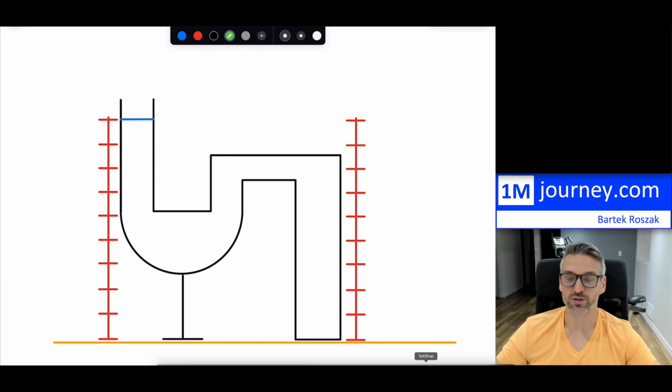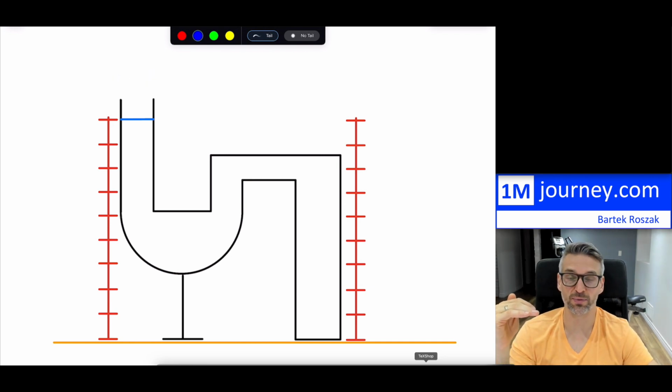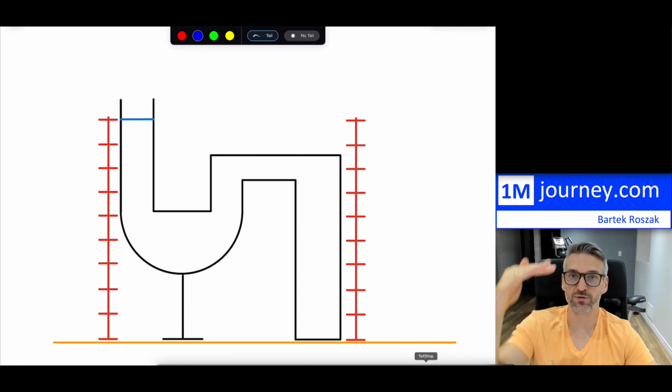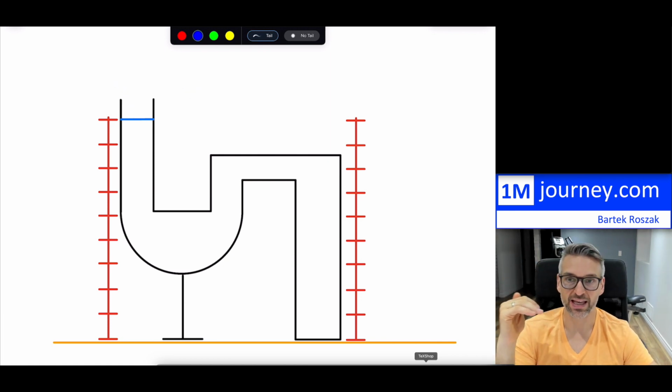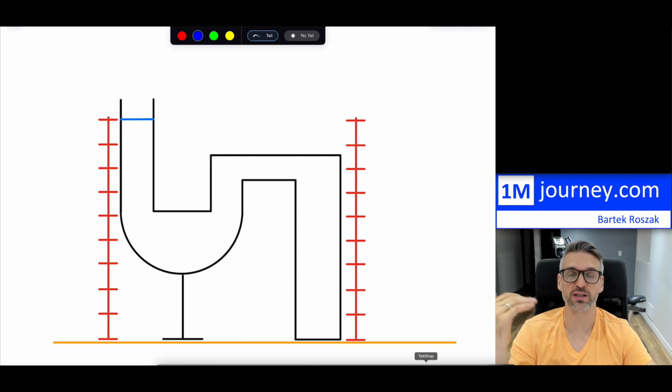Well, the gauge pressure right at the surface is going to be 0, because the only thing present is the atmospheric pressure pounding on this fluid from up above. That atmospheric pressure is present, but your gauge pressure, because you are not inside the fluid, there's no depth yet. So that gauge pressure would be just 0. So your absolute pressure is just equal to the atmospheric pressure. They're equivalent right at the surface.